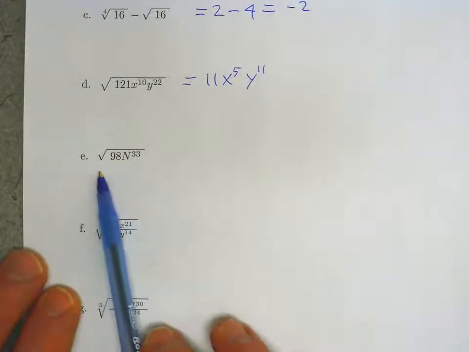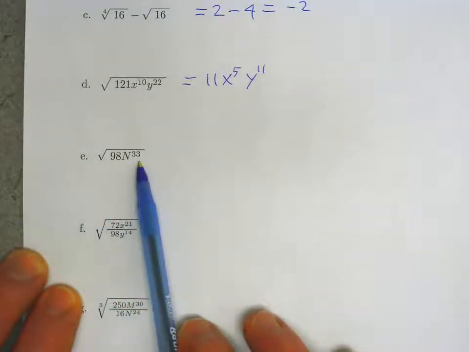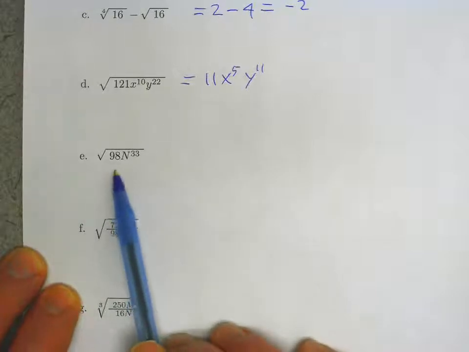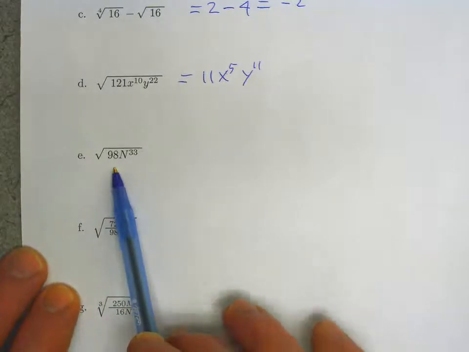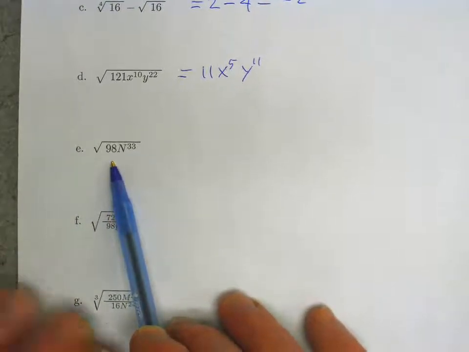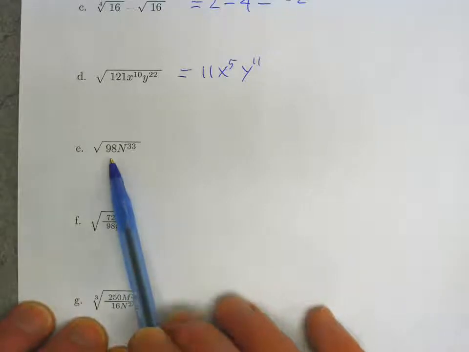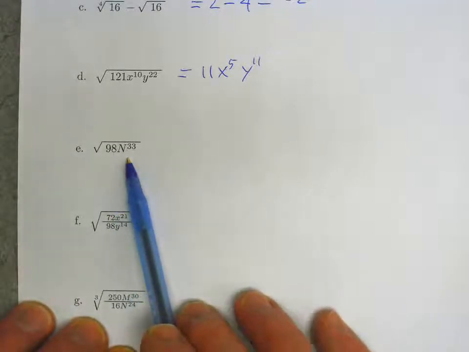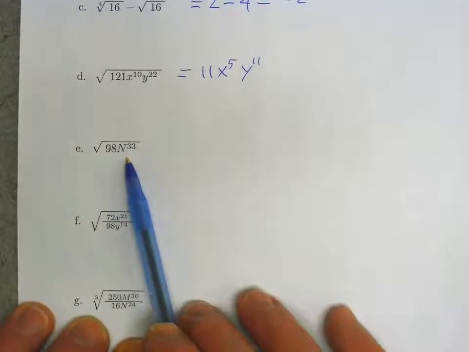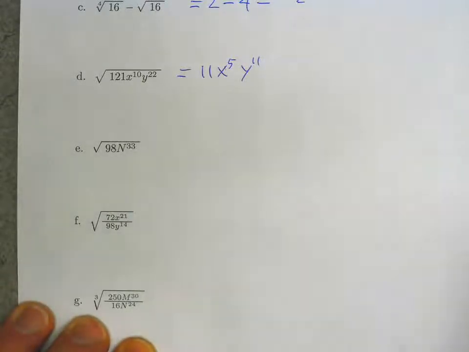Simplify the square root of 98 n to the 33rd. The largest factor of 98 that's a perfect square is 49. 49 times 2 is 98. The largest factor of n to the 33rd that's a perfect square is n to the 32nd, because the exponent 32 is a multiple of 2.